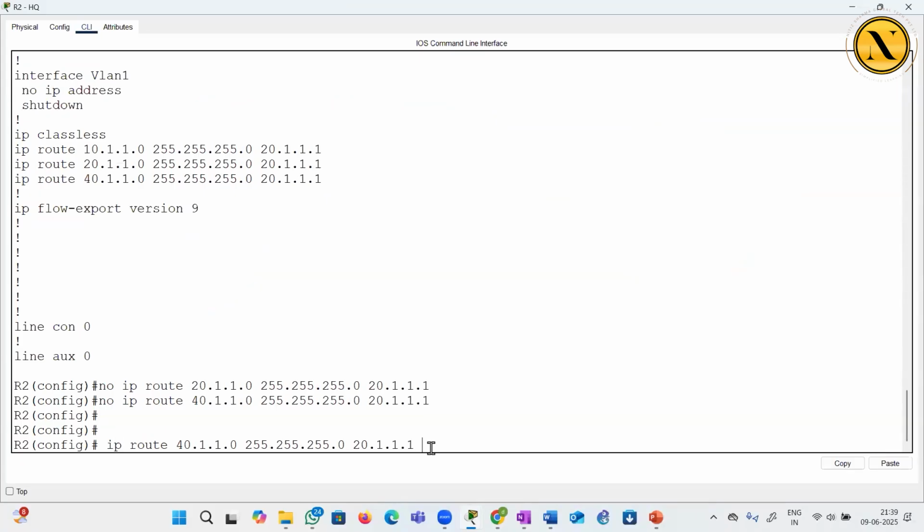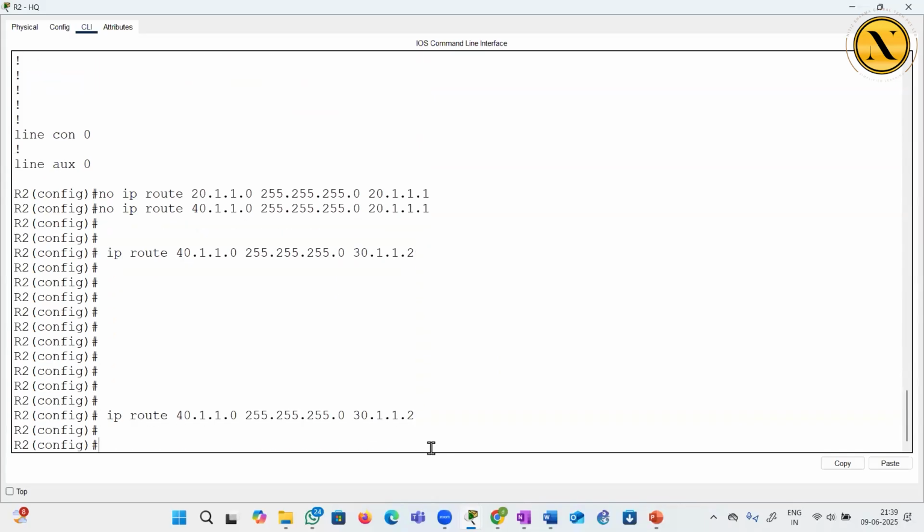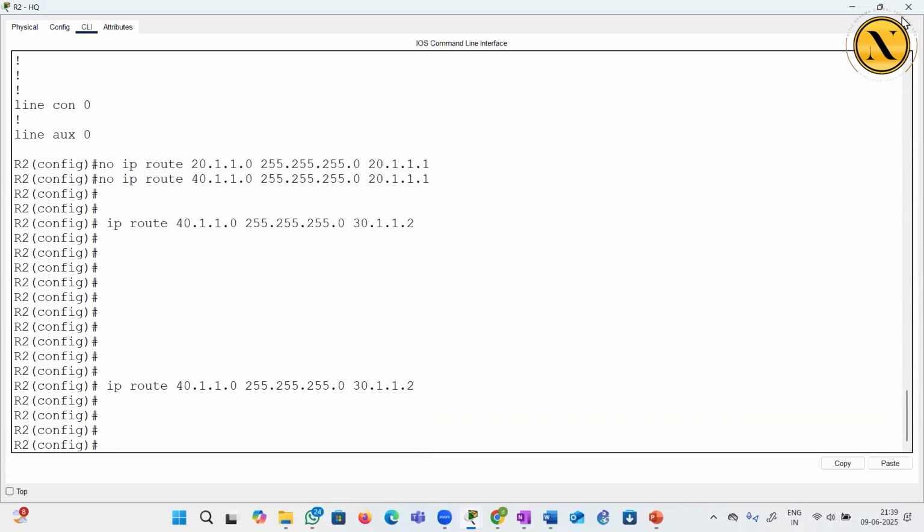Control E, 31.2, 30. Is it okay now? Yes? Now it should work.